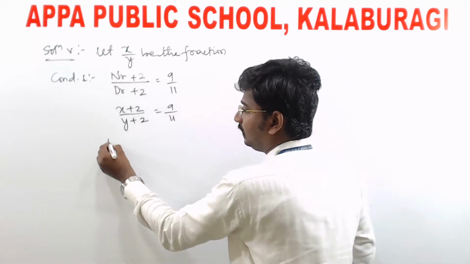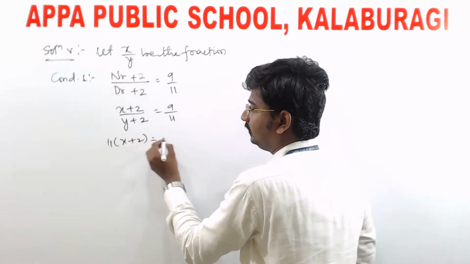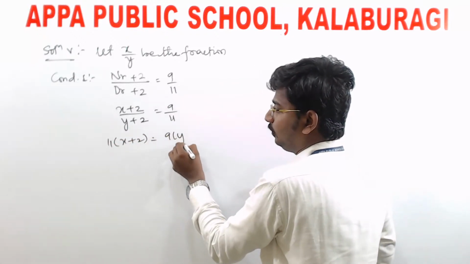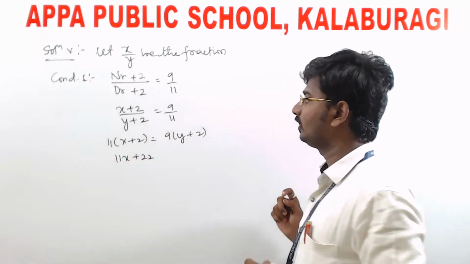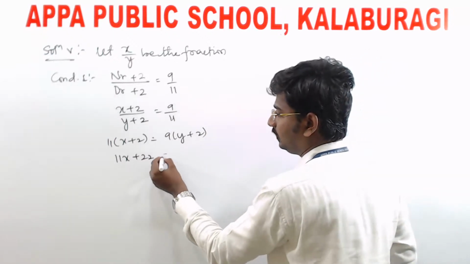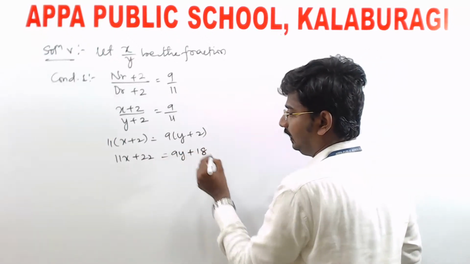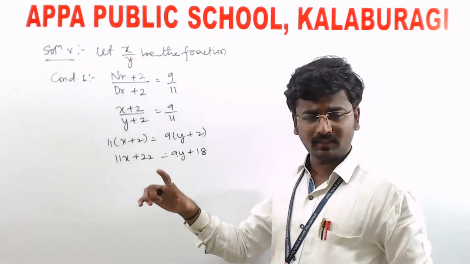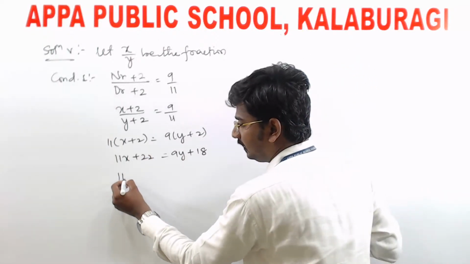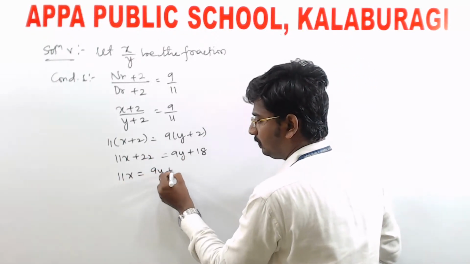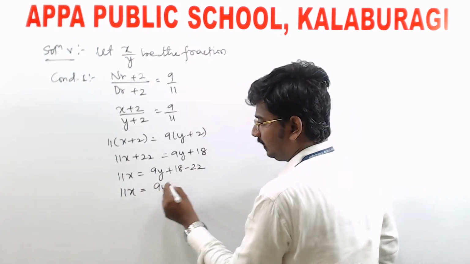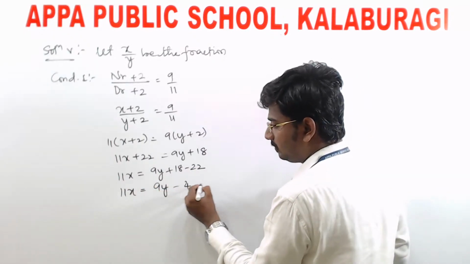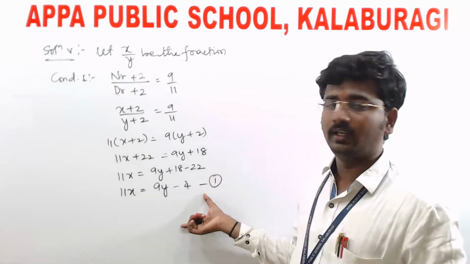Cross multiply. 11(x + 2) = 9(y + 2). 11x + 22 = 9y + 18. Since it's a substitution method, 11x = 9y + 18 - 22. 11x = 9y - 4, equation 1.